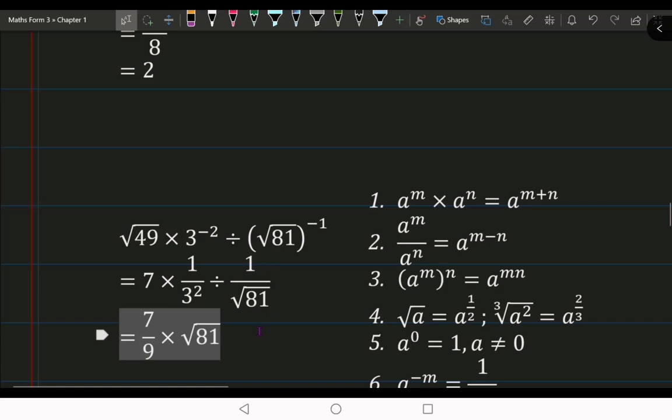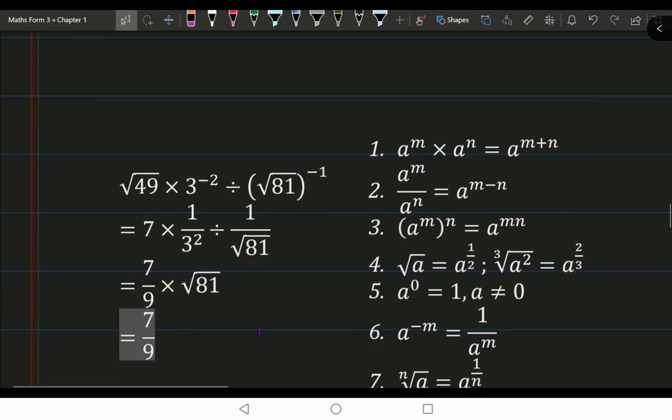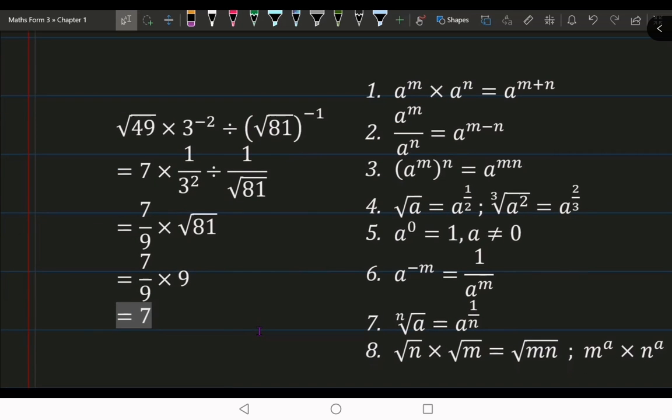Divide by 1 is still the same. So we are going to get 7 over 9 times 9, 81, 9. So finally the answer is 7, because 9 divided by 9 is no more. This one is the answer you need to understand.